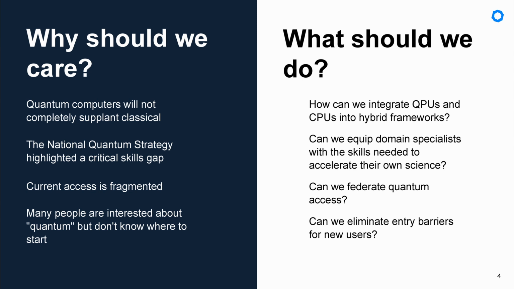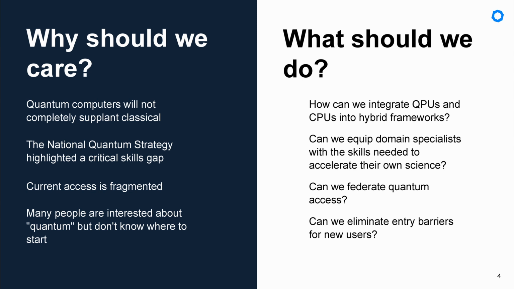Next point. If you look at the published national quantum strategy right now, it already highlights that there is a key skill shortage in the field of quantum computing. The UK government knows this. In their strategy, one way they've taken to address this is increased funding for CDTs in quantum computing, etc. Sure, good strategy.